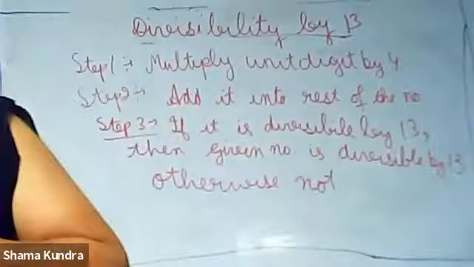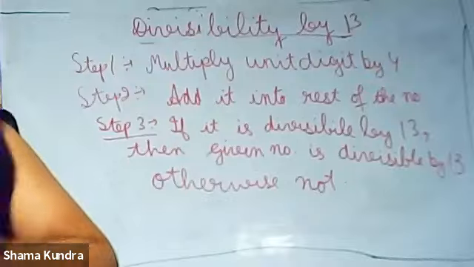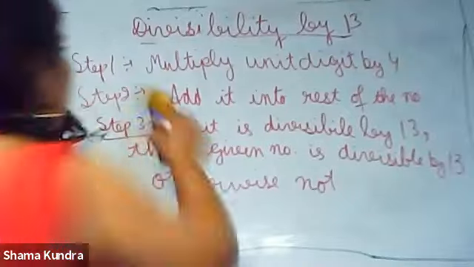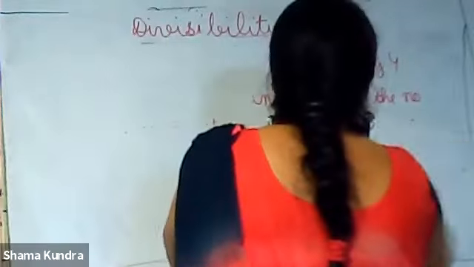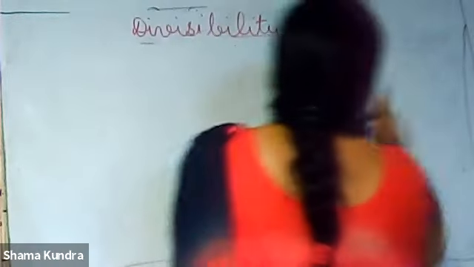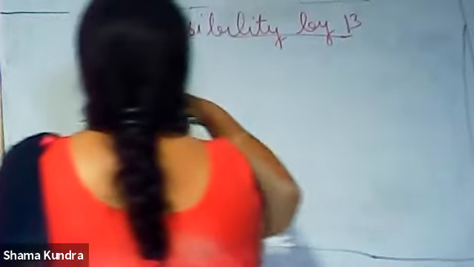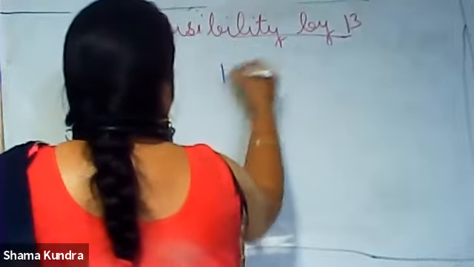For example, if I take the number 169, we know 13 square is 169. But if I don't know 13 square is 169, I want to check it with the divisibility rule.